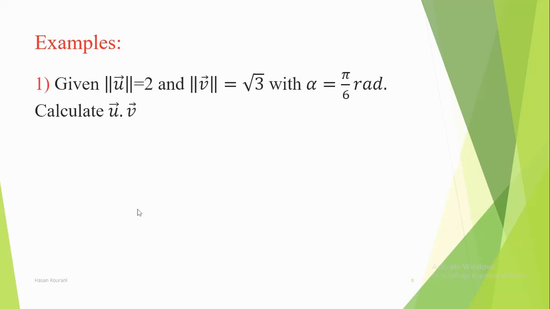Well, let's see, as I promised you, some direct examples on these two definitions. We are given the magnitude of u and the magnitude of v, 2 units and radical 3 units, with alpha, the geometric angle between them, equal to pi over 6 radians. As you know, pi over 6 is exactly 30 degrees. You'll be asked to calculate u dot v.